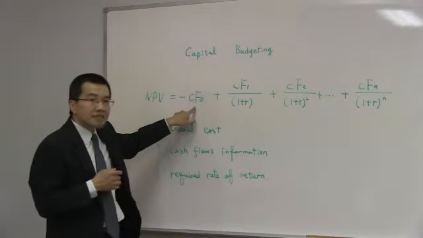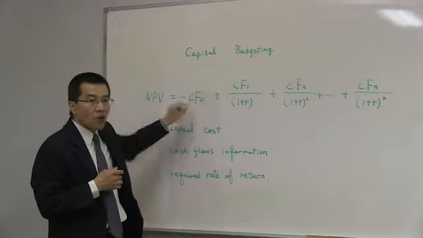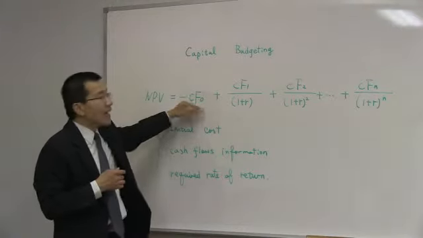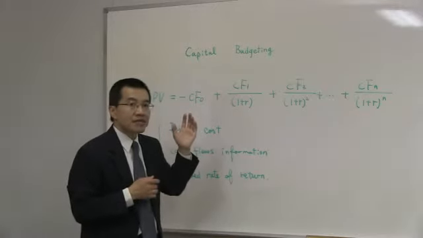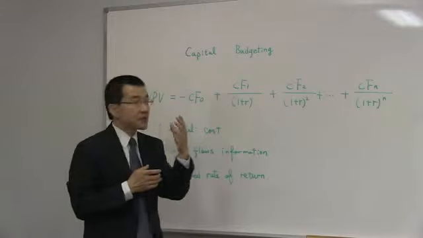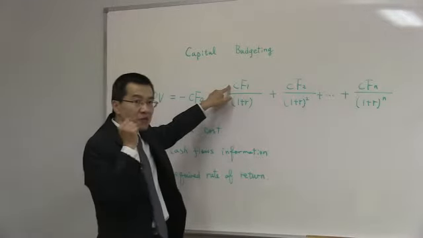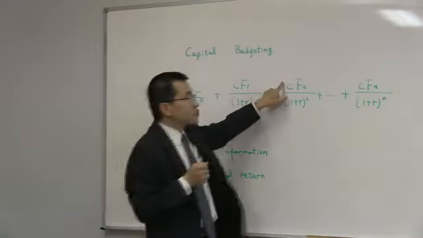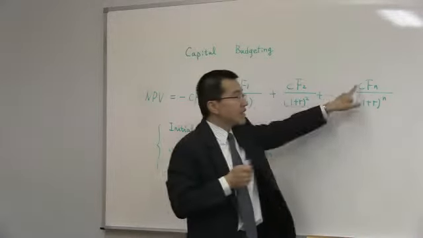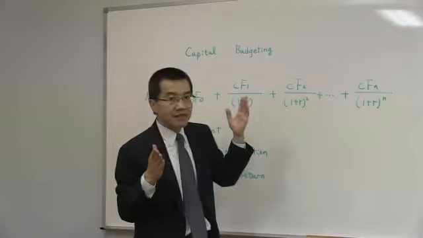Today we need to spend money, that is CF0, which we call the initial cash outlay. That's our cost. When the project starts, it will bring in cash flows in the future. CF1 will be in the first year, CF2 will be the cash flow in the second year, and CFN will be the following years.